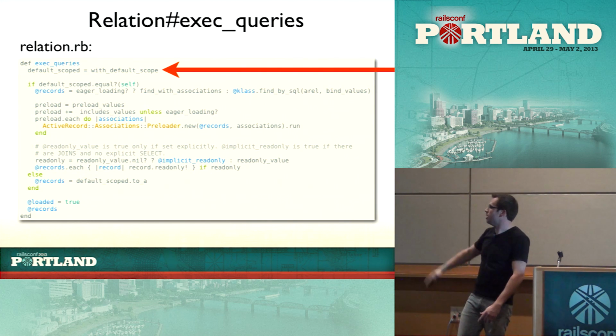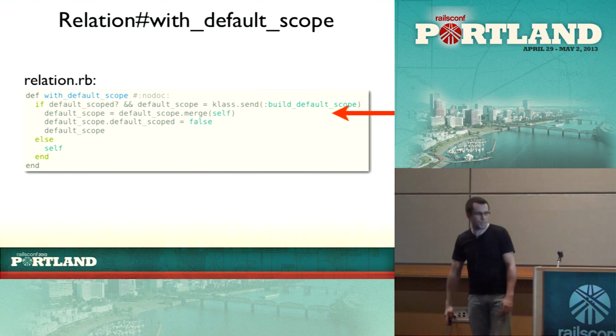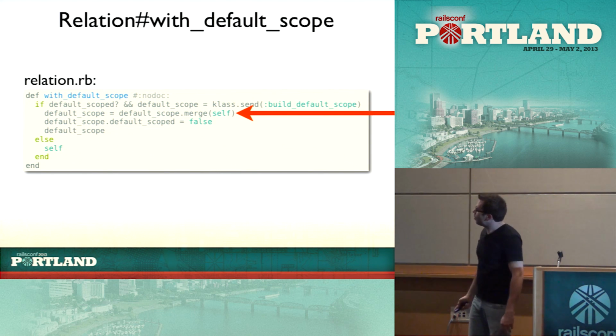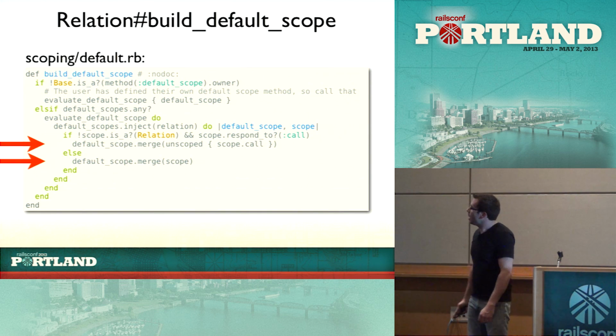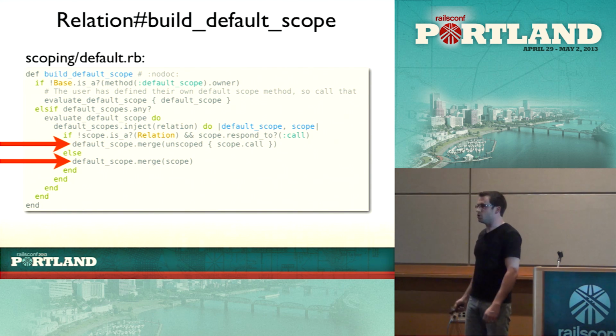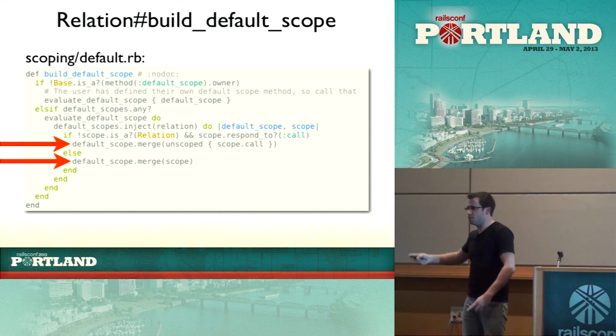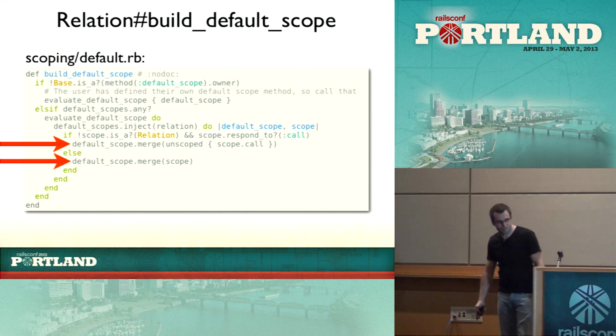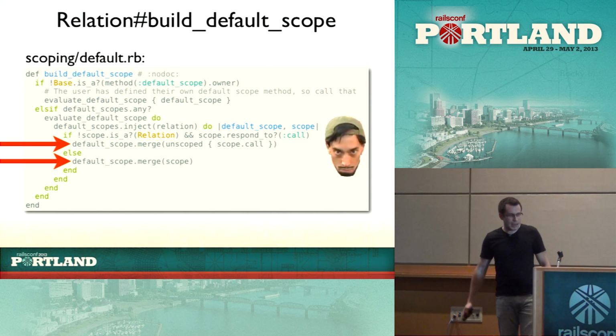But otherwise, actually load the version with the default scope. And here it is doing its thing. You merge inside with default scope if there's a default scope. And then also you're building default scope right in the first step. And that does some merges, maybe bunches of merges. It really depends because you can have multiple default scopes on a model. And that's fun.